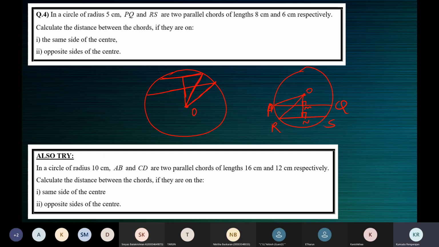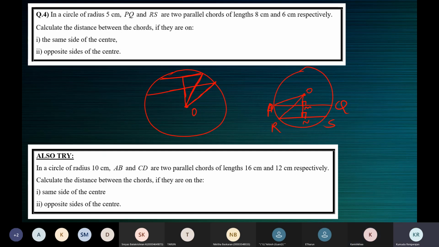Who can repeat this information? What is PQ? It's a chord, ma'am. RS? It's also a chord, ma'am. Can we exchange the positions of PQ and RS? Can I mark PQ as RS and RS as PQ? No, ma'am. Why? It's because the lengths are different, ma'am.